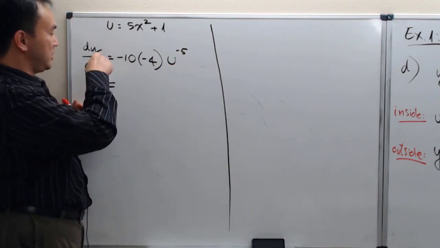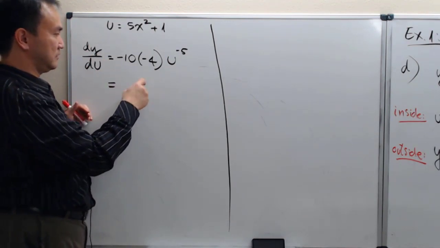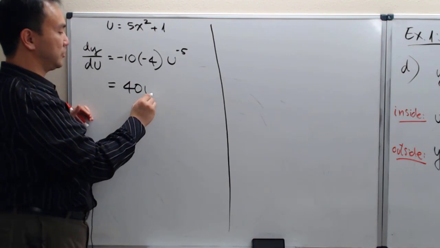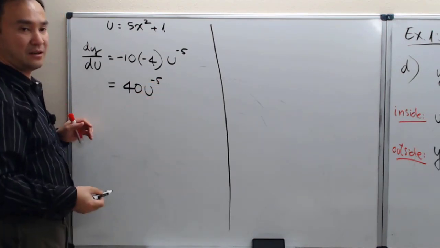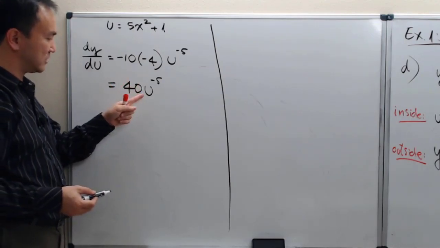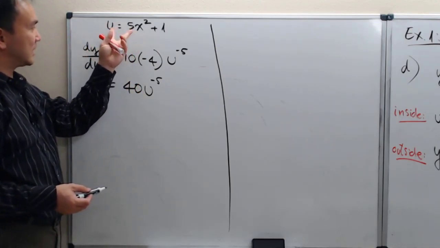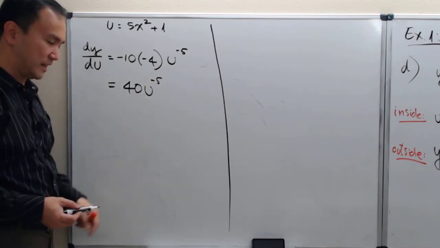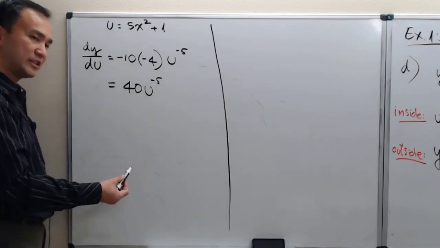So dy du a little further becomes positive 40 times u to the negative 5. And like I said, in case you forgot about substituting back that u expression into this, that's completely fine. We can do that all the way at the end in this style of presenting your work.